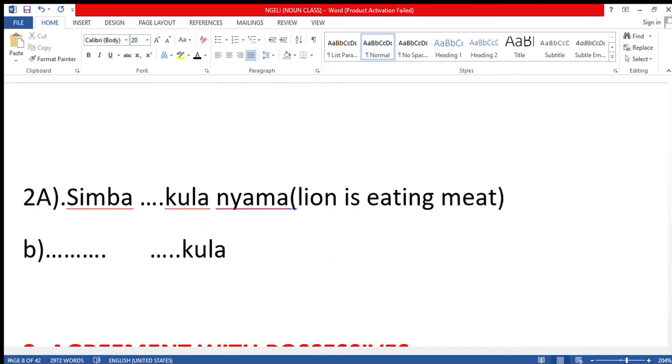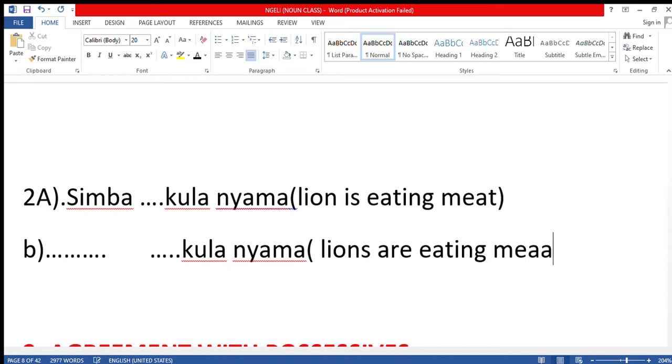Complete properly those verbs as I've just told you. Kula nyama. Sawa. Simba.